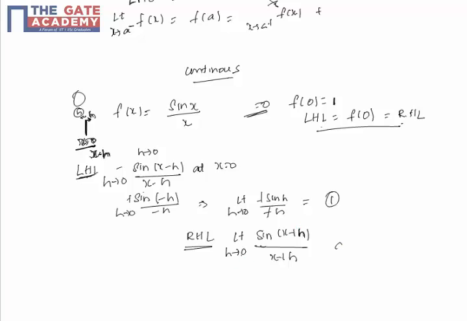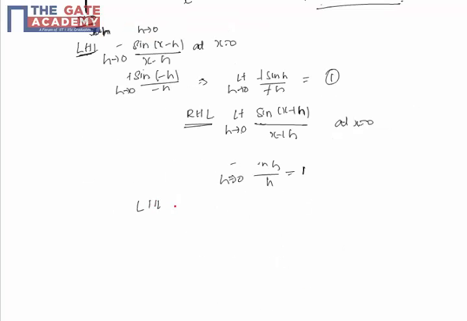Now if you put x is equal to 0, then it is sin h by h. Limit h tends to 0 of sin h by h, the value is equal to 1. Because the left hand limit is equal to 1, which is equal to the right hand limit, this function f of x is continuous.